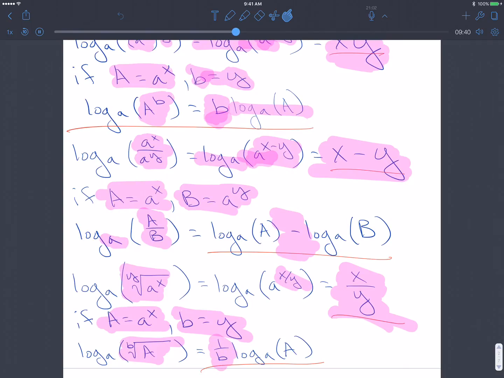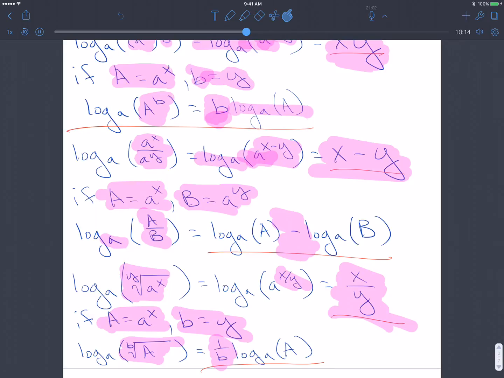Again, the bth root corresponds to a power of 1 over b, and so that exponent effectively comes in front as a multiplicative constant to the rest of the problem. And that's true even if I had log base 2 of 4 to the x, that becomes x times log base 2 of 4. Whatever is in the exponent, whether it is a constant or a variable, it still can be pulled out in front as a multiplicative constant.